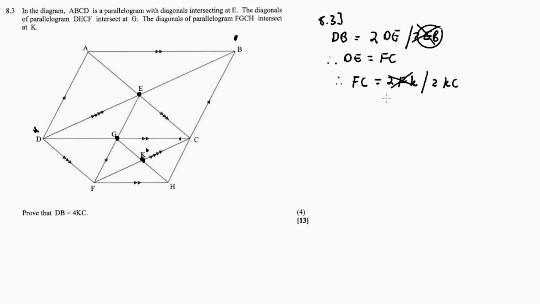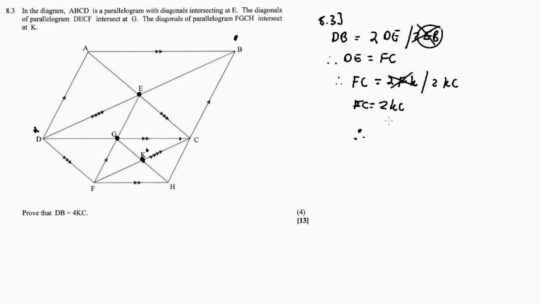Why do I say it will not be relevant? We are only interested in KC, so we can only express FC in terms of KC, which is FC equal to 2KC. Therefore we can see that FC is also equal to DE, and DE is 2 times KC. DE equal to DB over 2. Substituting back, DB is equal to 4KC.